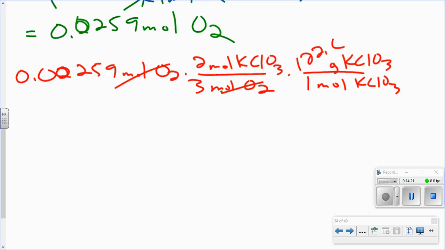I'll plug that in here, and so we have 0.0259 times 2, press equals, divided by 3, press equals, times 122.6, and you end up with 2.12 grams of KClO3.